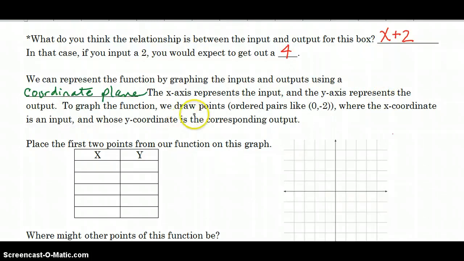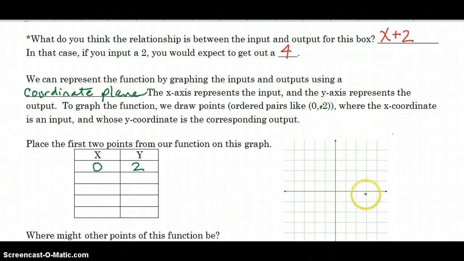To graph the function, we draw points or ordered pairs like (0, -2). I think this is a typo. I think this is supposed to be (0, 2), because the next sentence says to place the first 2 points from our function. Our first point was (0, 2), so I think that was a typo.